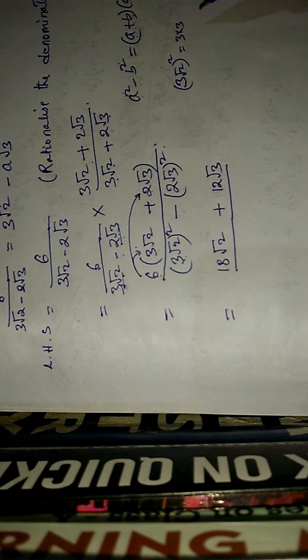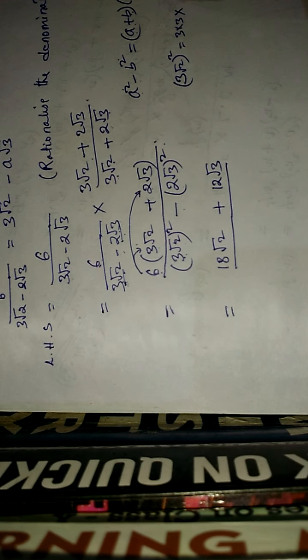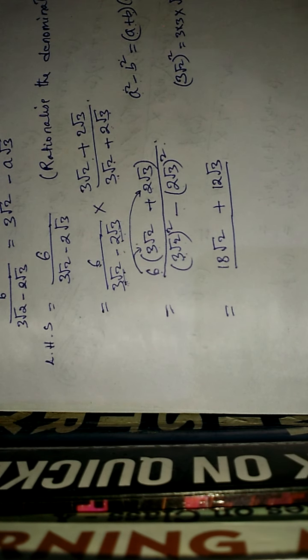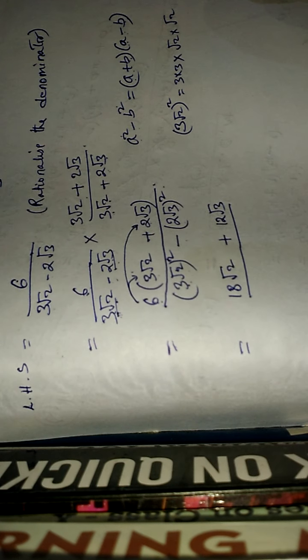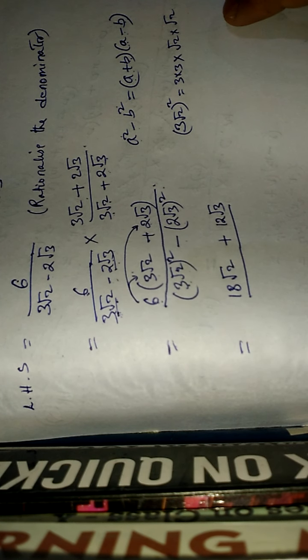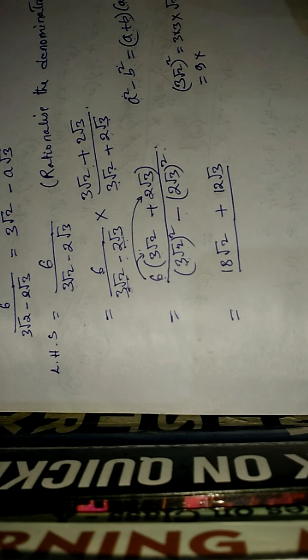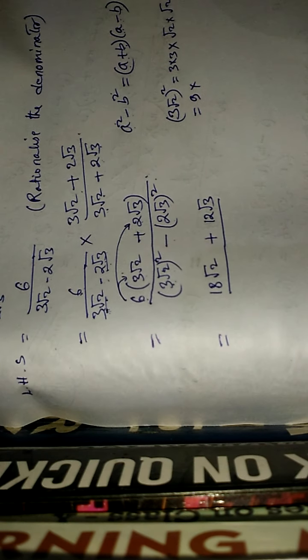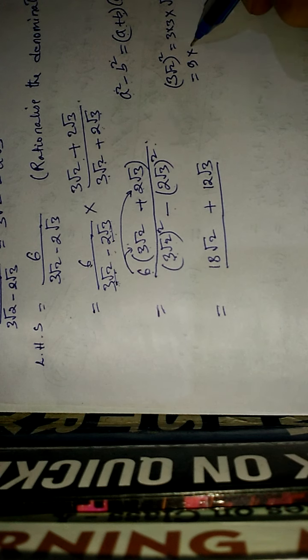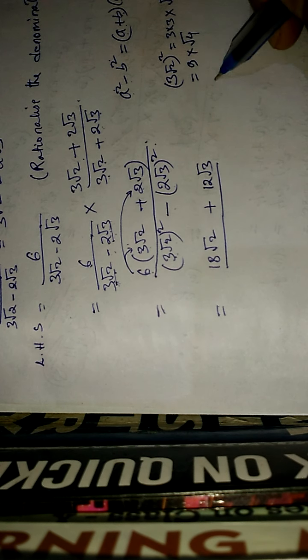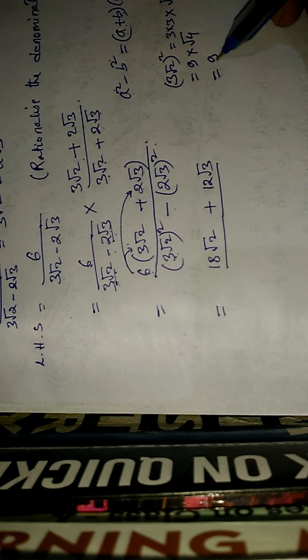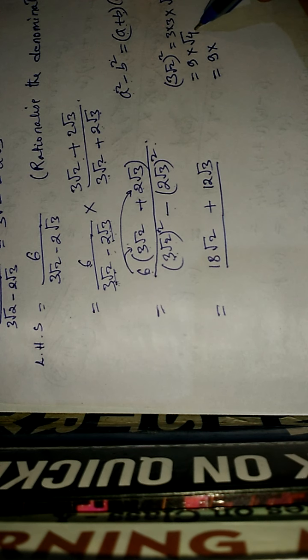Root 2 square will be root 2 into root 2. 3 3s are 9. Then root 2 into root 2 is root 4. Since 4 is the square of 2, we'll take its square root, 2. 9 2s are 18.